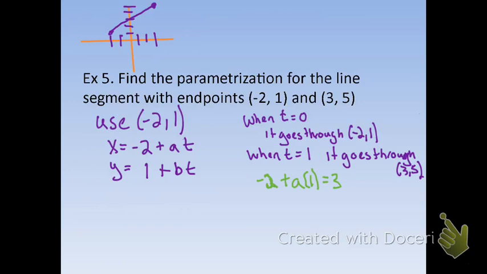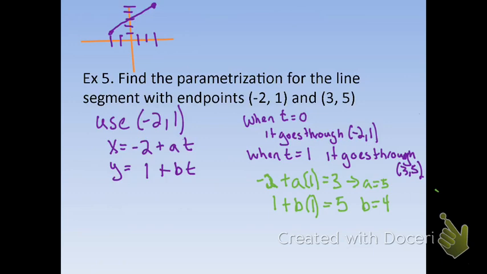And then for y, we have 1 plus b times 1 equals my y value of 5. Okay, now we're going to solve for a and b. I'm going to add the 2 over. I get a equals 5, b equals 4.